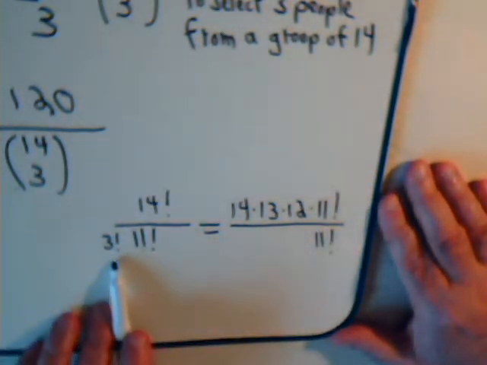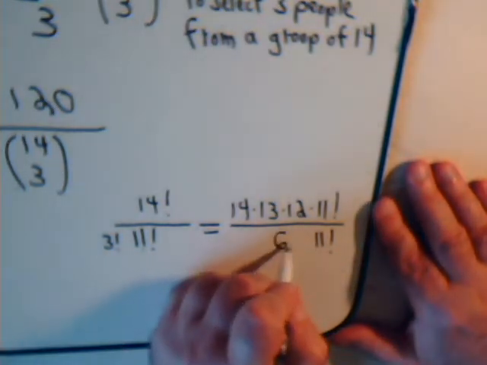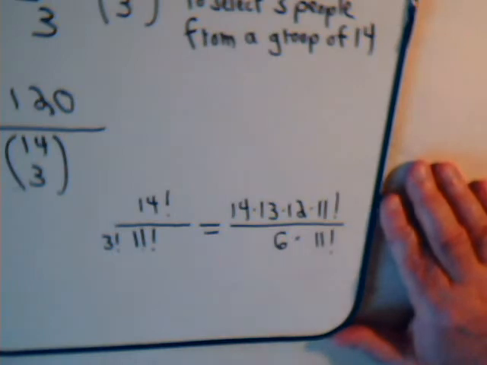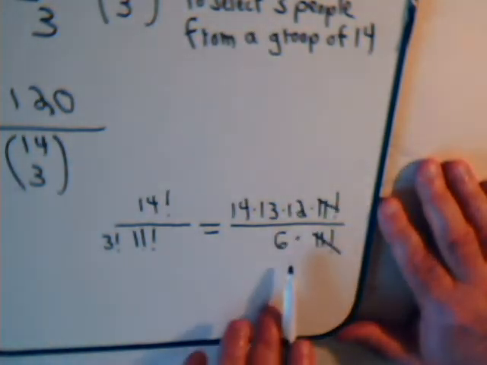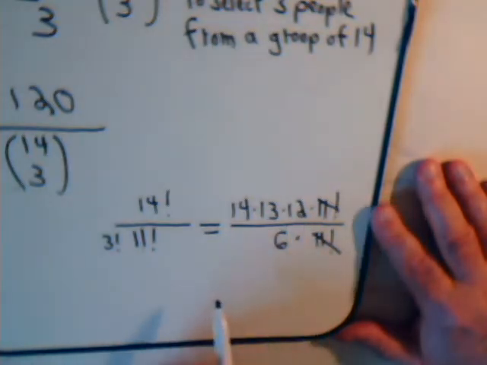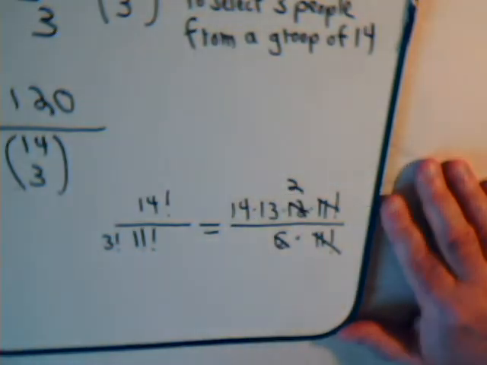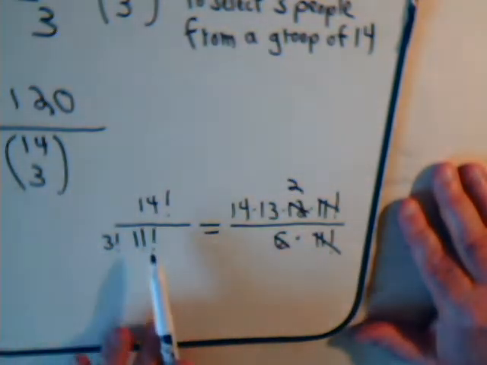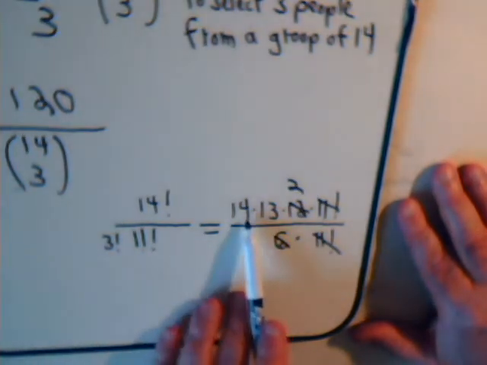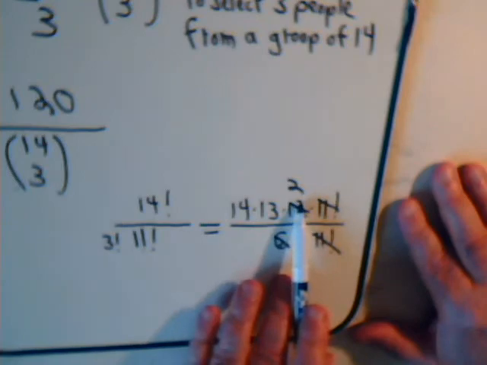And 3 factorial is 3 times 2 times 1, that's 6. So here the 11 factorials cancel. 6 goes into 12 2 times. So this binomial coefficient is equal to 14 times 13 times 2.